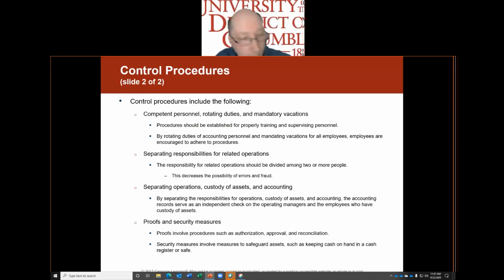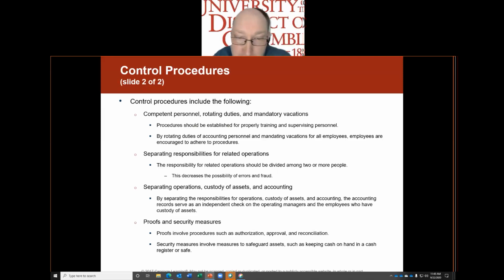Okay? These are two different people, two different positions. I keep those two separate because that is a way of me controlling the process. And then I'll have a third person taking care of payroll, right? So if you have those responsibilities separated, it reduces the risk of error and fraud.